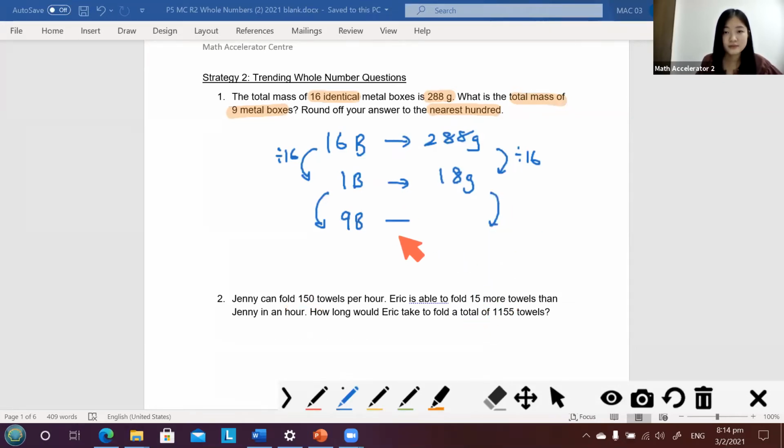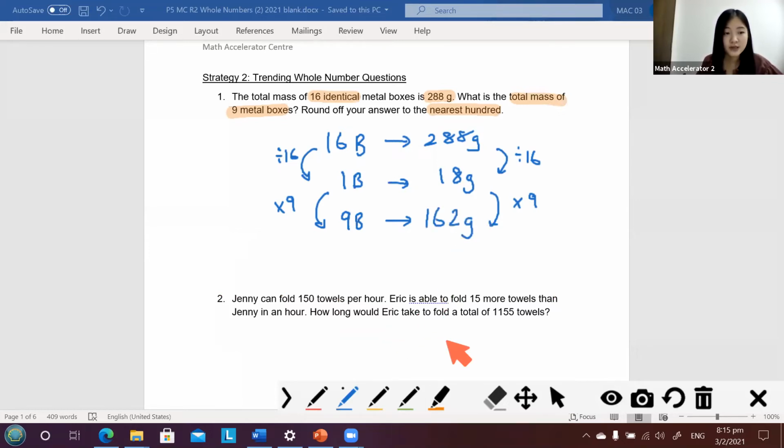What's the next step? Okay, yes, multiply by 9. So what's 18 grams times 9? Okay, thank you. A lot of you telling me 162 grams.